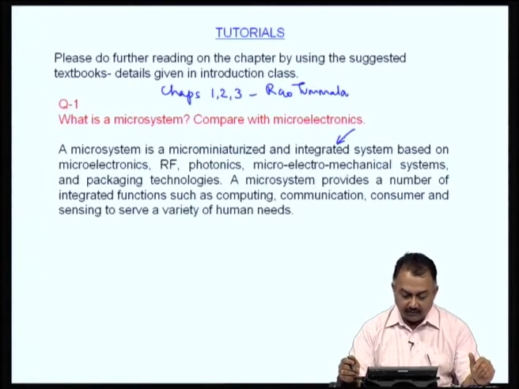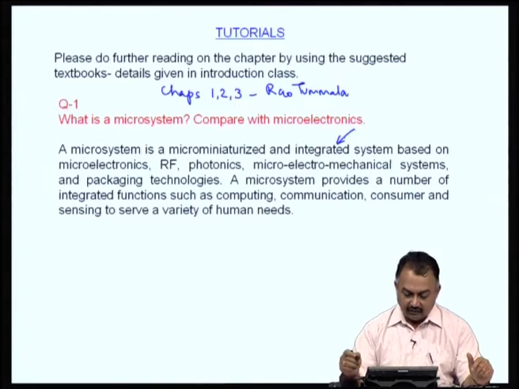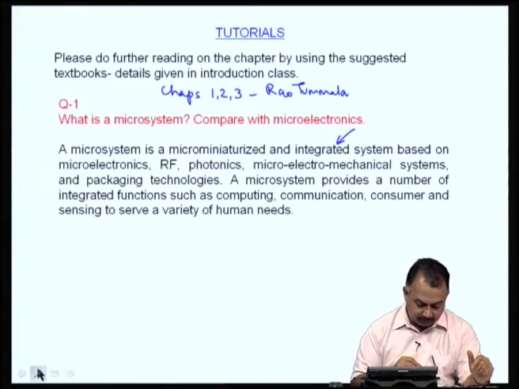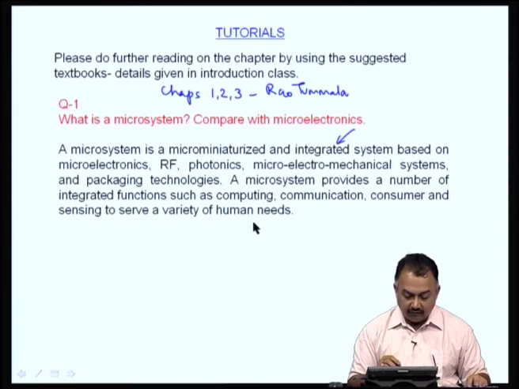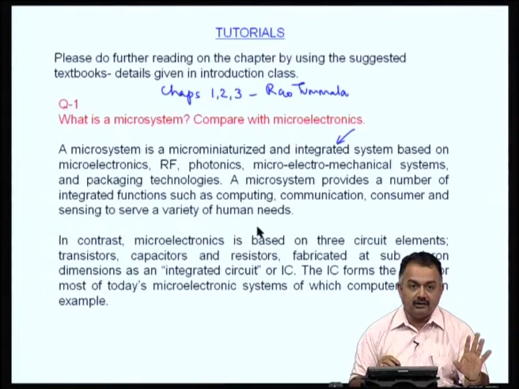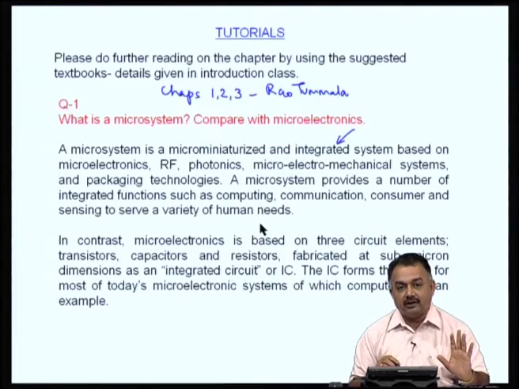A microsystem provides a number of integrated functions such as computing, communication, consumer and sensing to serve a variety of human needs. So, you can see that the word integration is very important, and integration can happen only if we use new packaging technologies. So, a microsystem is synonymous with new packaging technologies and packaged products.